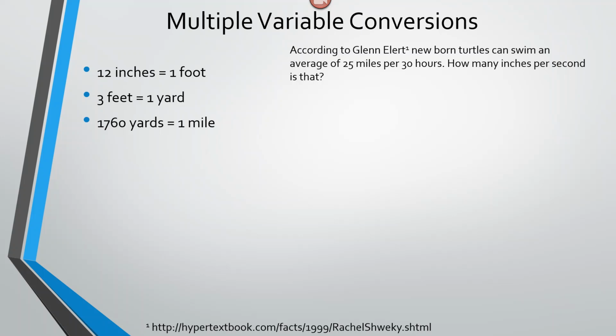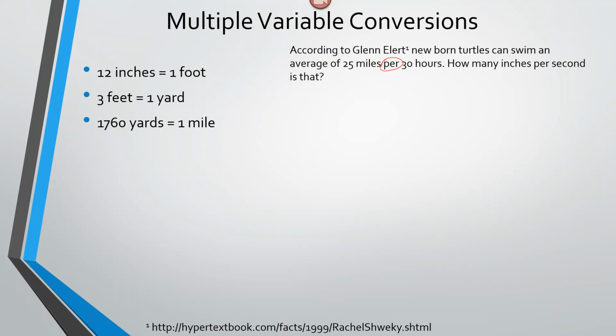So let's look at this. We have turtles can swim an average of 25 miles in 30 hours. And they want to know how many inches per second is it. So 25 miles per 30 hours. Well, this per right here is something that we say when we're saying divide by.